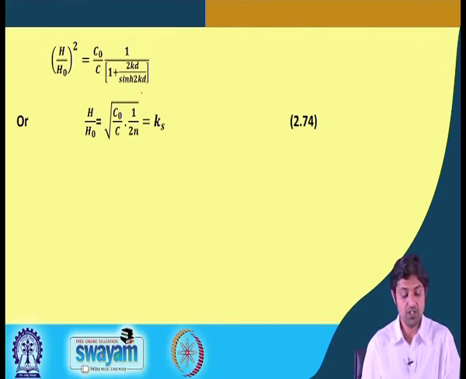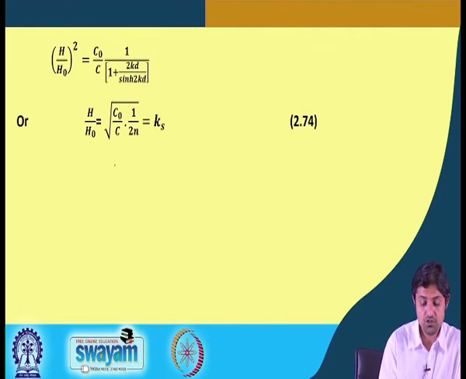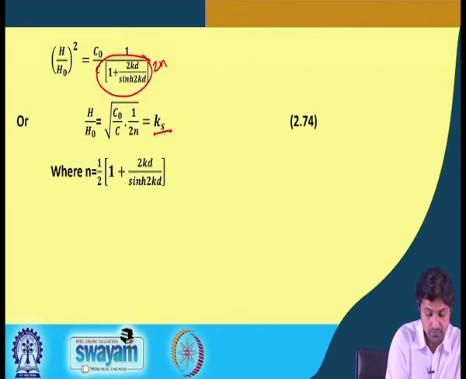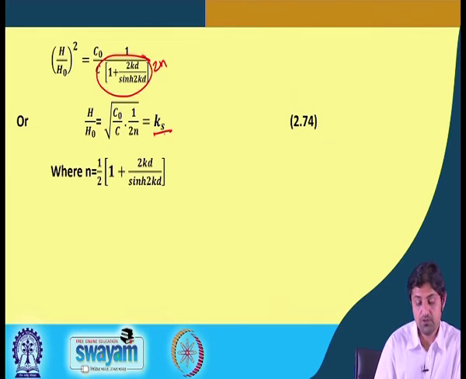Or we can obtain H by H naught is equal to under root of, because this is n, sorry, this is 2n. Therefore, H by H naught is equal to under root of C naught by C into 1 by 2n, and this is called Ks, where n is equal to half into 1 plus 2kd divided by sinh 2kd.